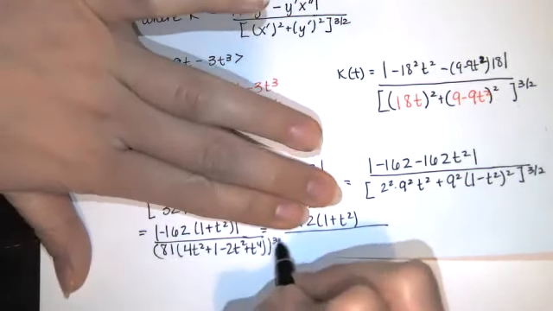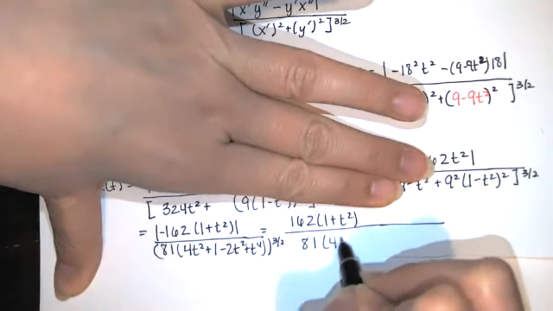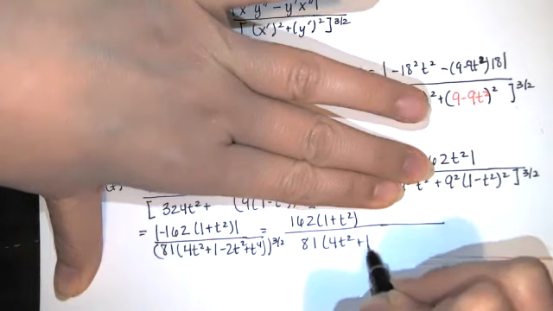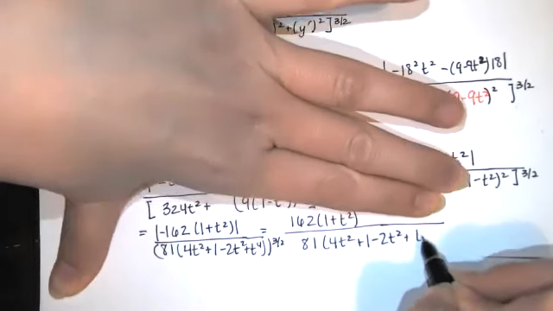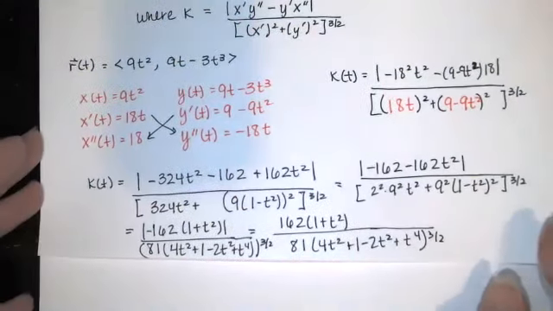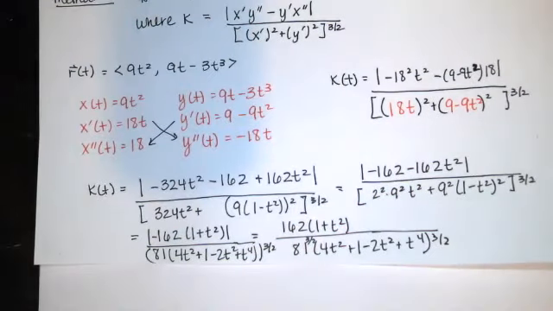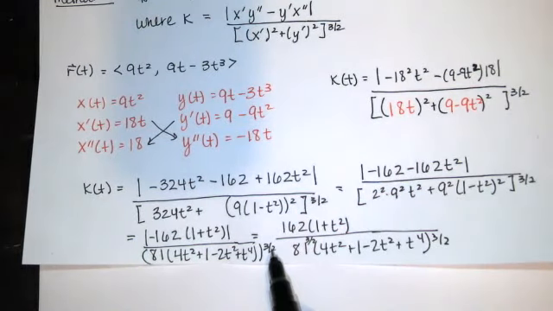All of this is raised to the 3 halves power. And then we've got the same thing over here, and this is raised to the 3 halves as well. So you want to apply that 3 halves power to this part and this part.